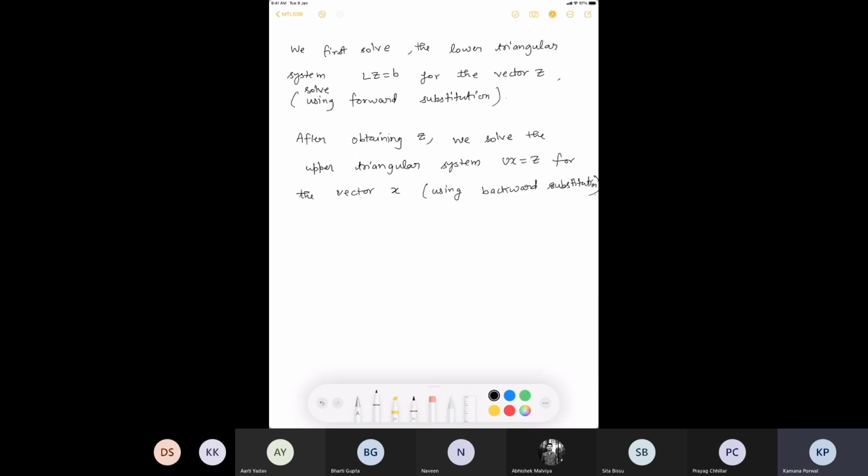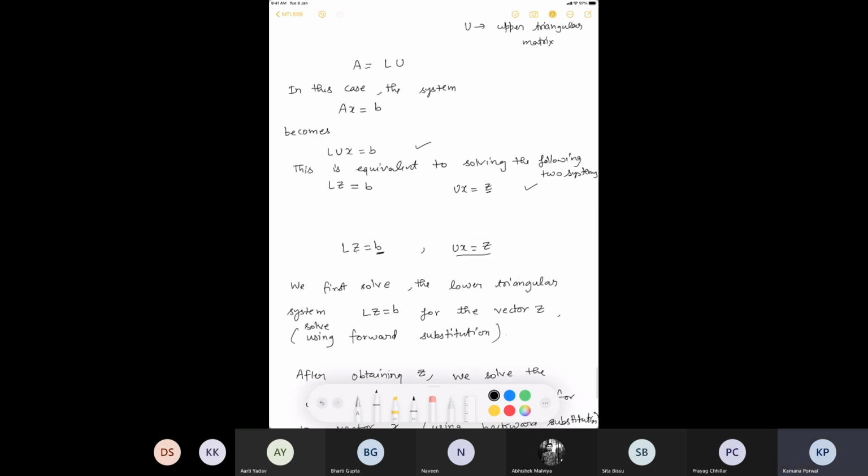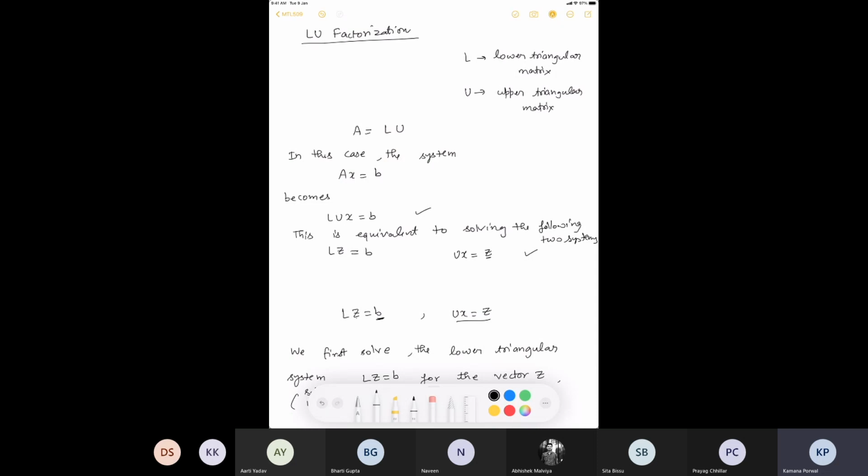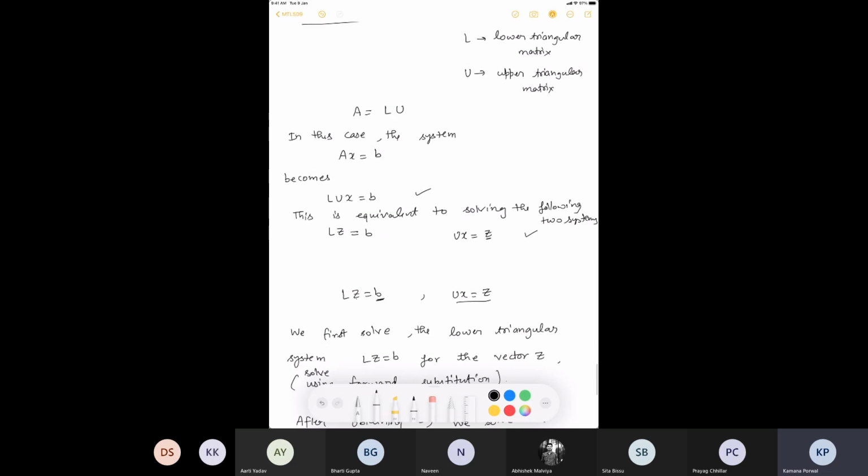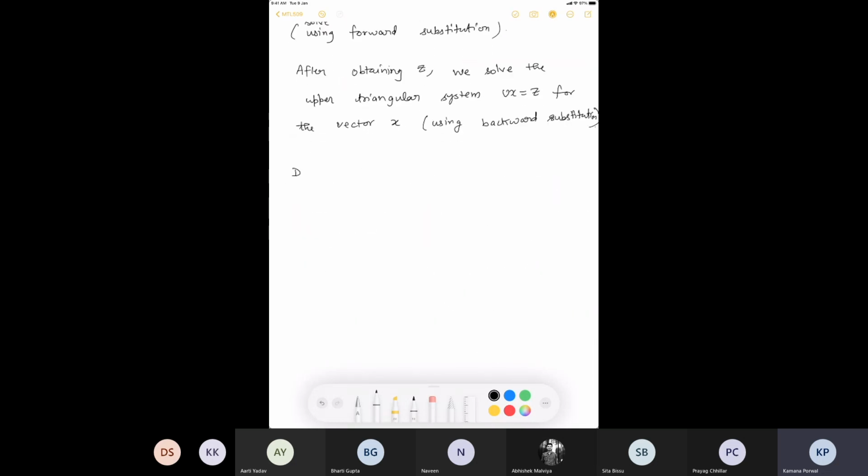Okay. And if the matrix A can be factorized in this way, that is, if you can write the matrix A as the product of a lower triangular matrix and an upper triangular matrix, you call this the LU factorization of the matrix. Okay, so this is the definition.